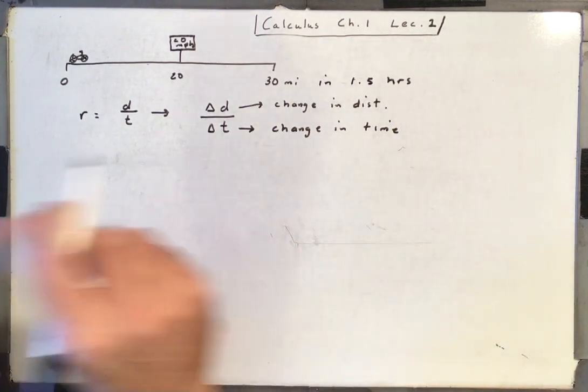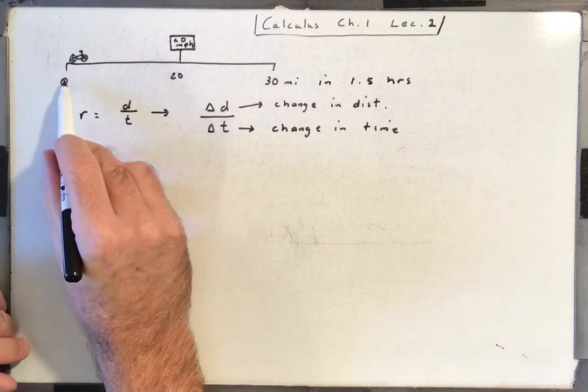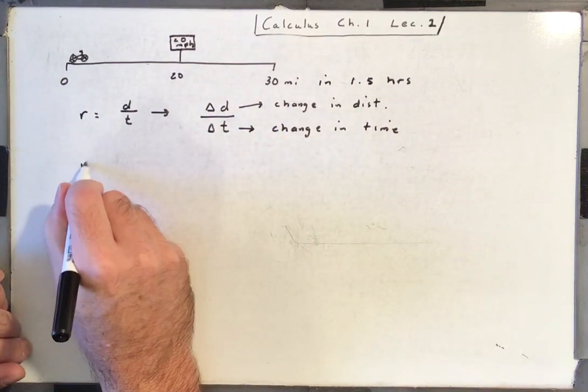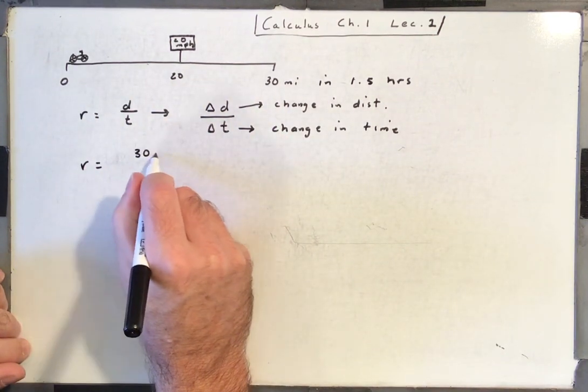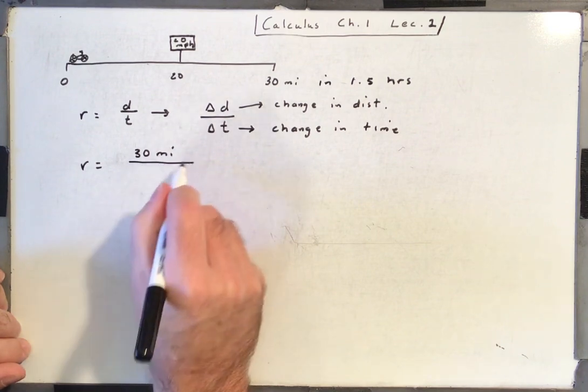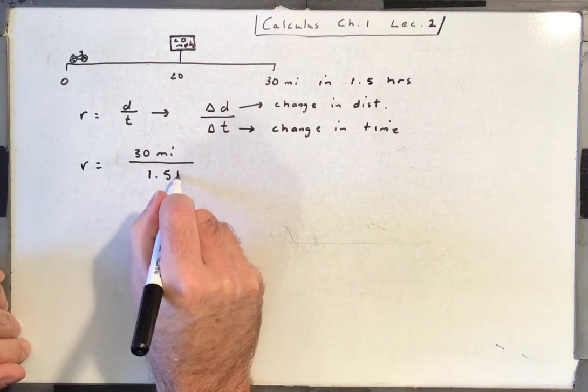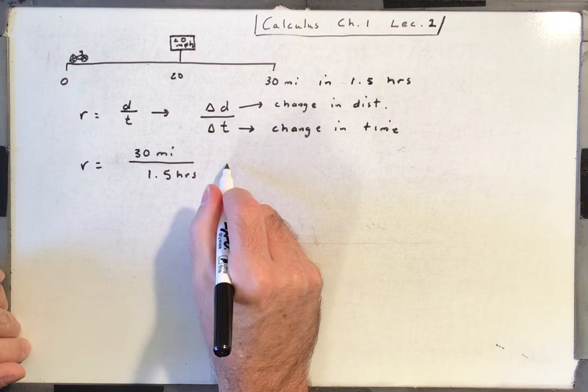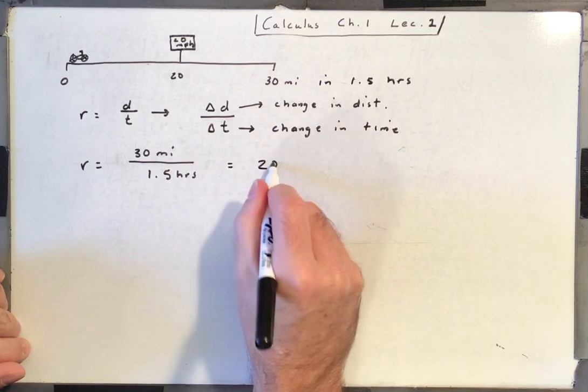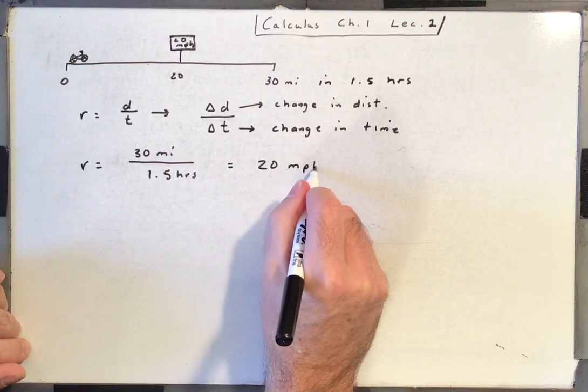So in this particular case, if we look at the whole journey, our rate is going to be 30 miles over 1.5 hours. All right, and that's going to be 20 miles per hour.